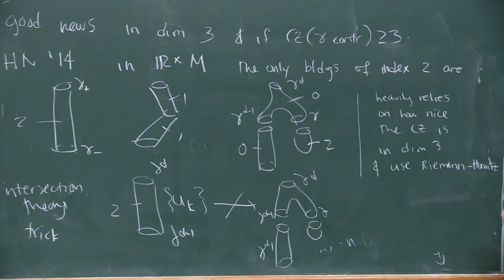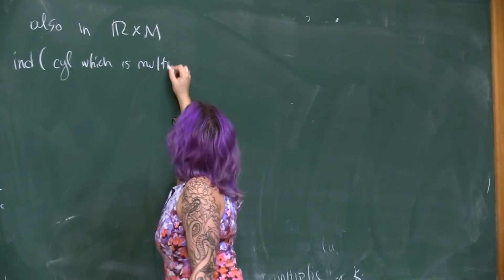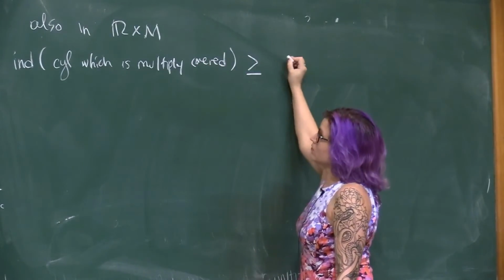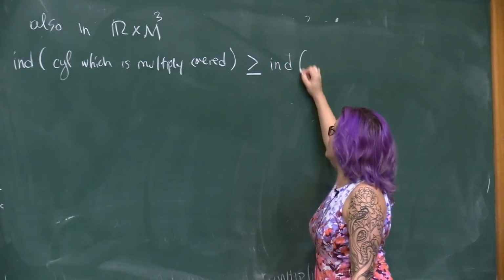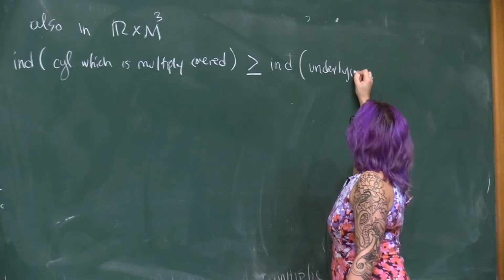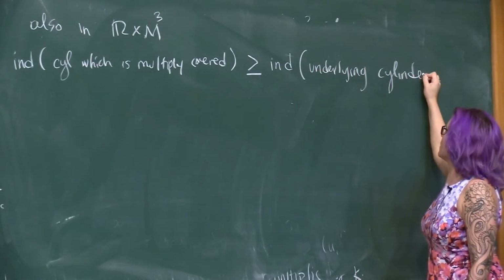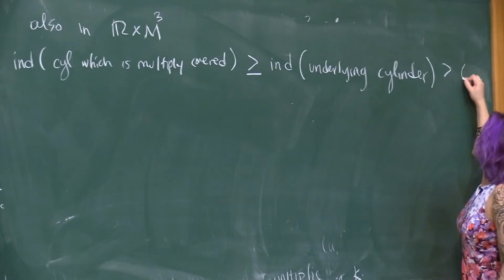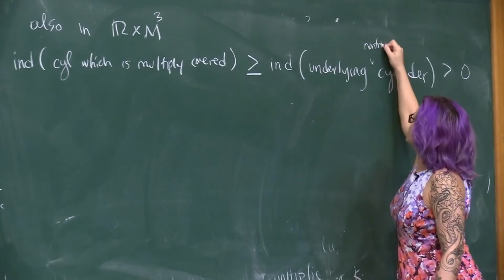And the other thing that we used here, also in R cross M, is that the index of a cylinder which is multiply covered is always greater than or equal to the index of the underlying cylinder, and if it's non-trivial, then it has to be strictly greater than 0.